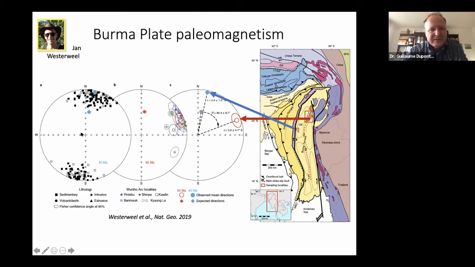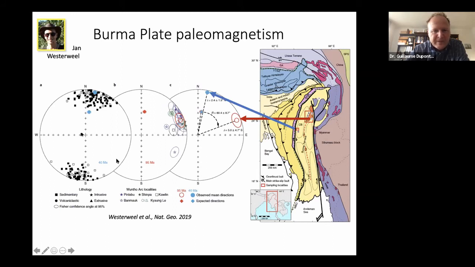What is interesting is that they are not rotated, or only a little bit with respect to north, both of them, but their inclination is very low. Okay, it should be higher, the inclination of the magnetic field, but it's very low.